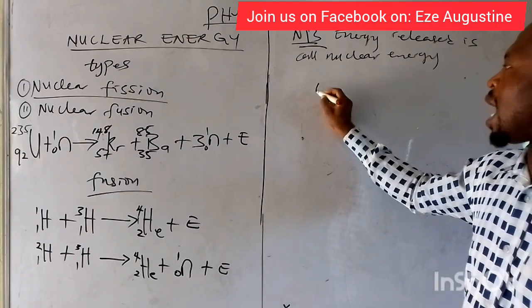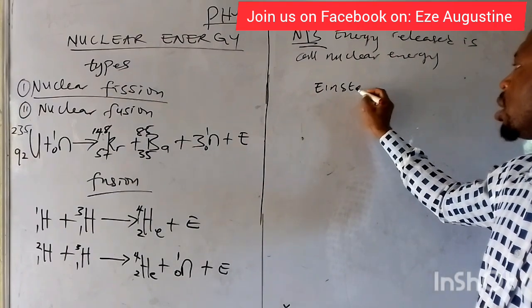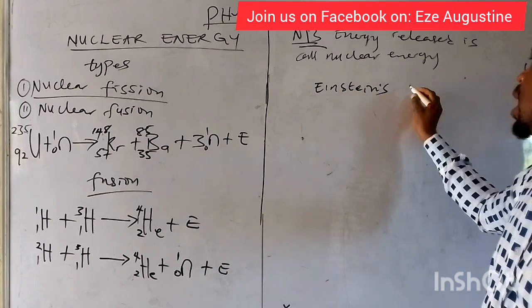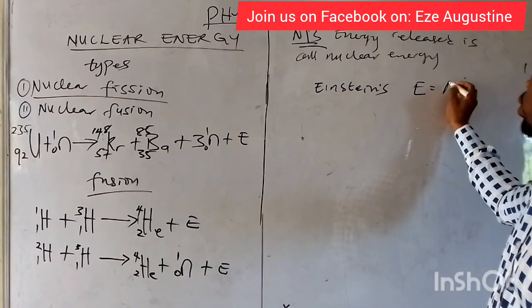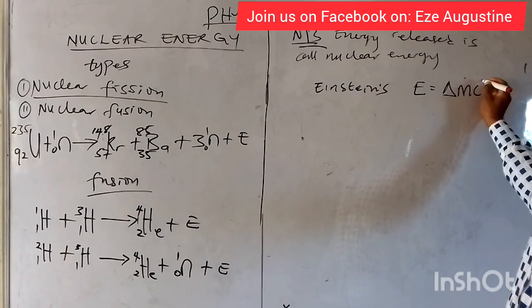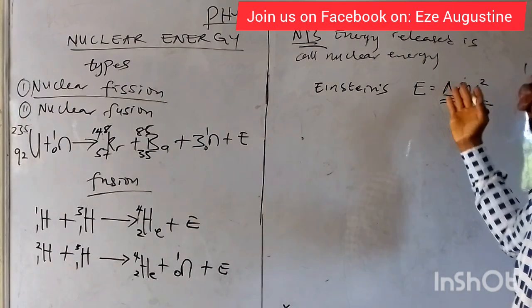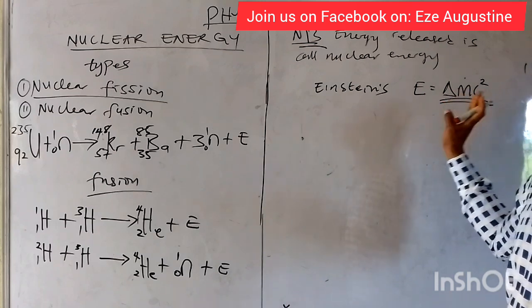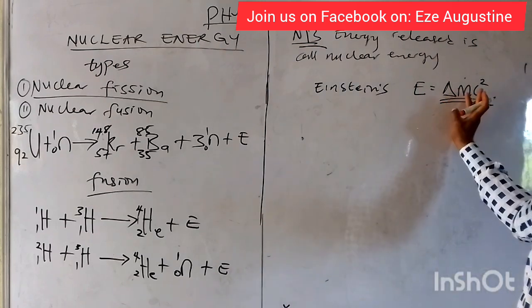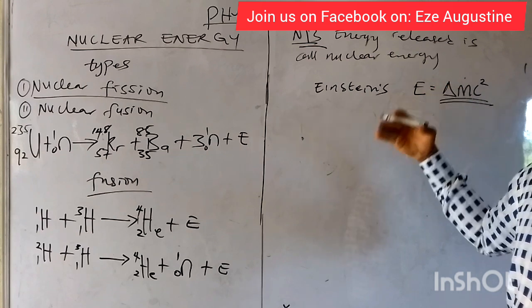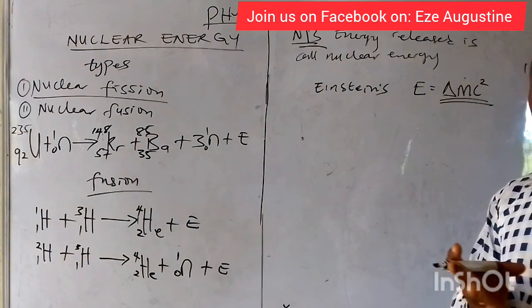This Einstein's equation can be written as E is equal to delta m c squared. Most people use mc squared, but it's better to use delta m because most times there will be a change in masses.